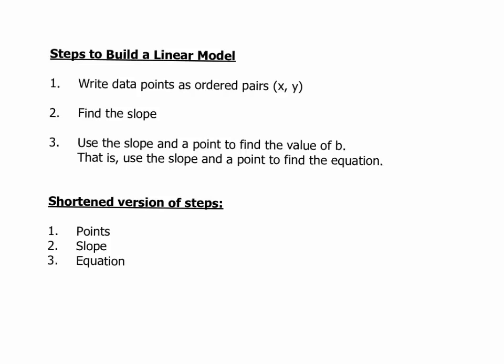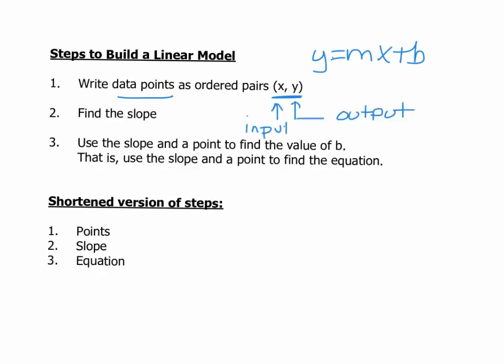One of the things we're going to want to do is be able to build a linear model or build a function y equals mx plus b given information. The steps to doing this, first we need to figure out what sort of data points we're given, and we're going to write them as ordered pairs where we have the input in the first part, comma, the output. And then once we have our two ordered pairs, we're going to use that formula for the slope and find the slope.